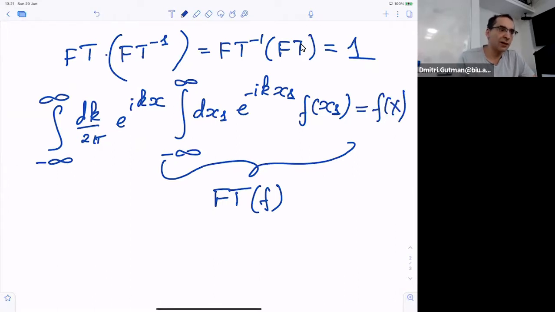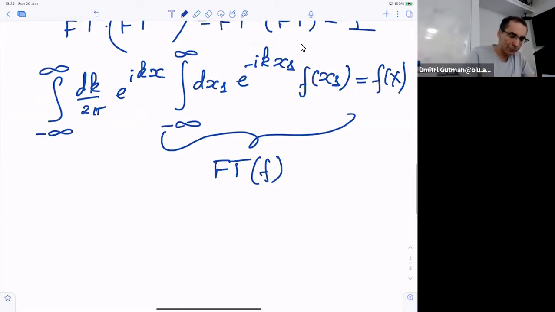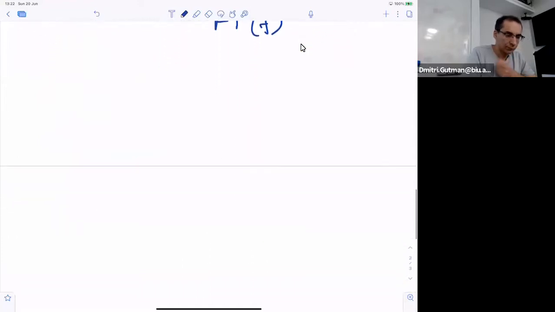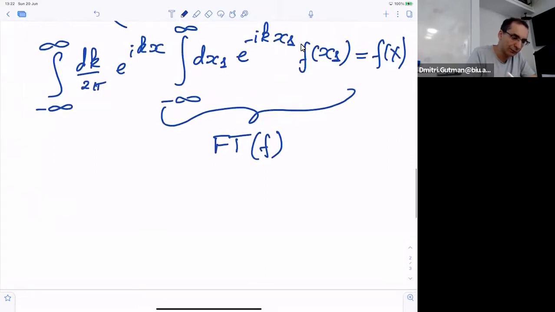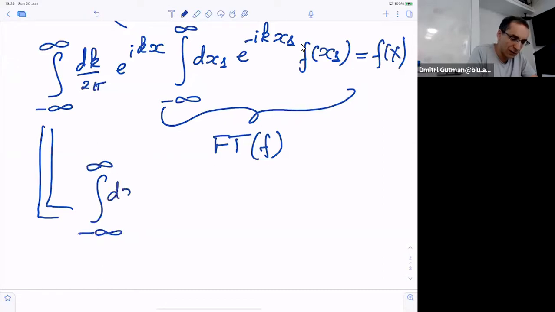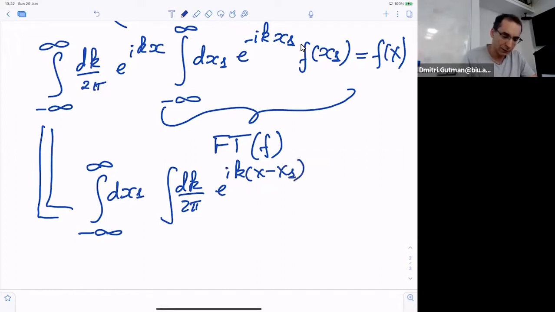To be consistent, application of Fourier transform and inverse Fourier transform should not change things. So how does it work? Let me take this thing and rewrite it. I take this left-hand side and I write it as an integral, I change the order of integrals. I integrate from minus infinity to infinity dx1, and the integral dk over 2 pi e to the power ik(x minus x1), and f of x1.